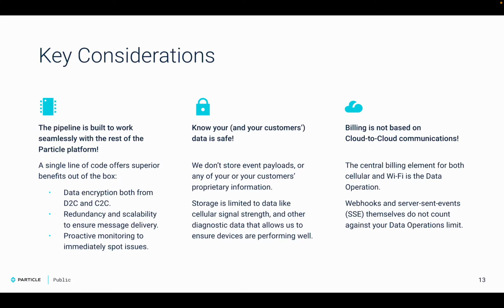The only exception to this is when working with our asset tracker platform, and even then you can opt out of this. We will only bill for a device-to-cloud event, which encompass our 4 cloud primitives: publish, subscribe, function, and variable. This means, for example, that a publishing event can trigger both a write to a time series database as well as to a real-time alerting system and would only consume one data operation.